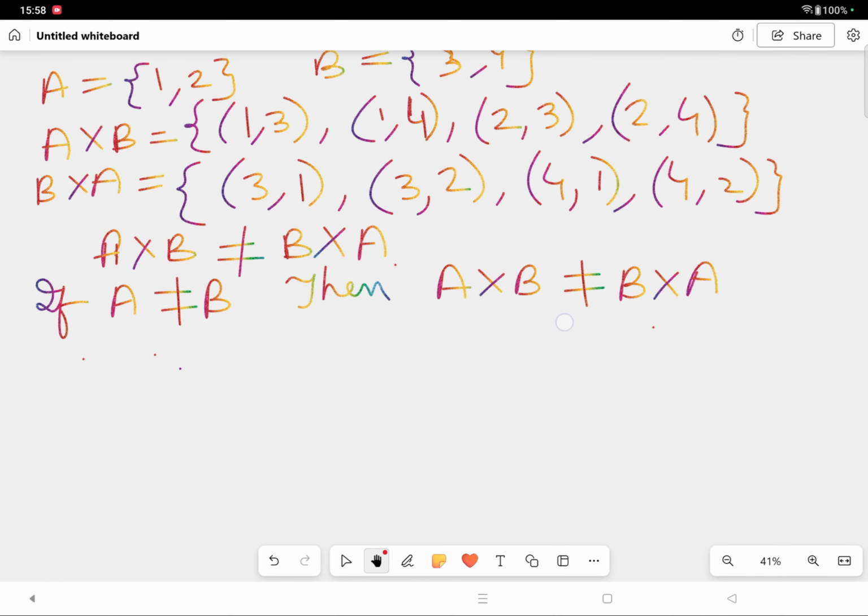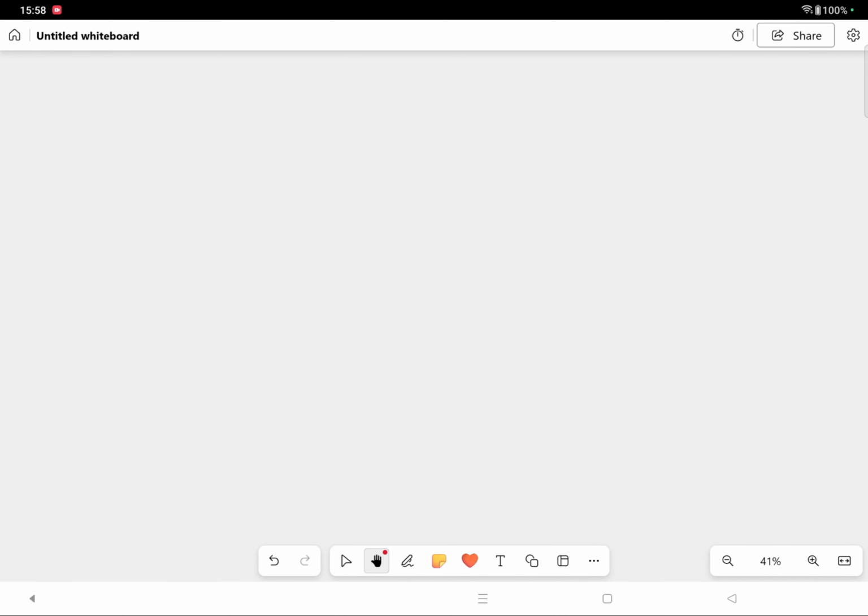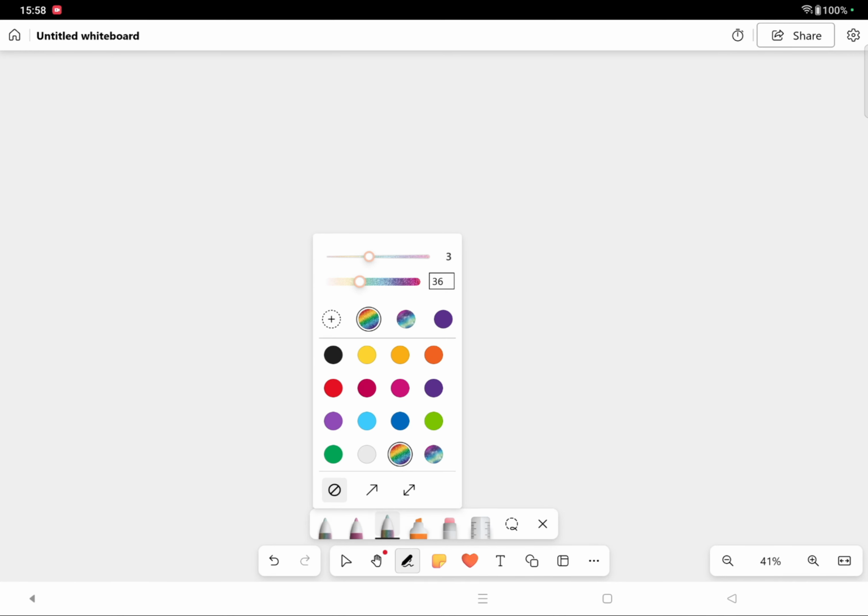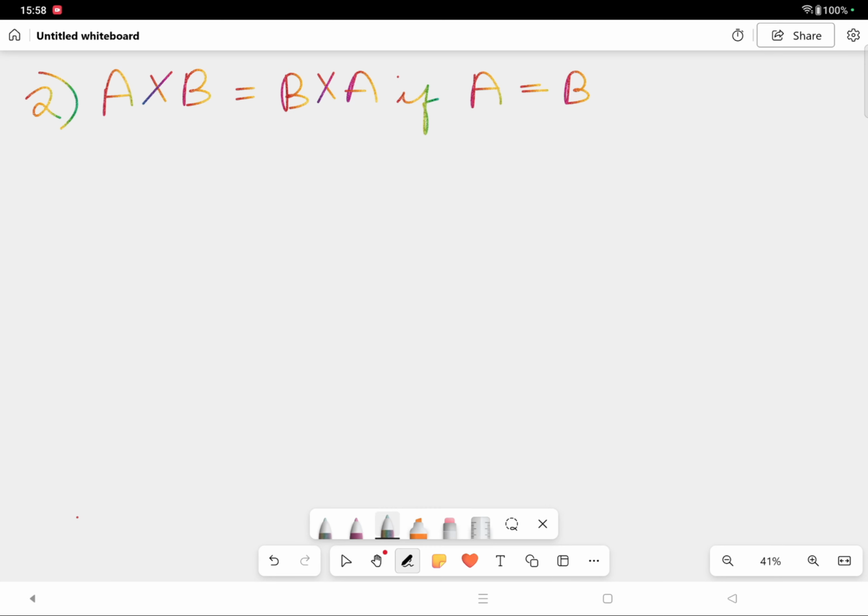Next, coming to one more very important property: A cross B is equal to B cross A only if A equals B, just the reverse of the previous property.